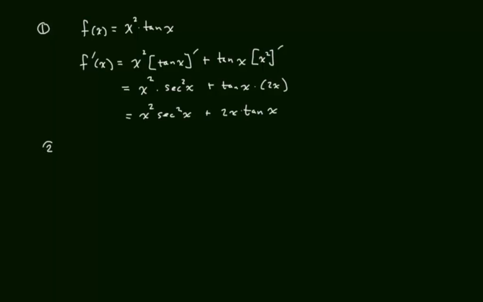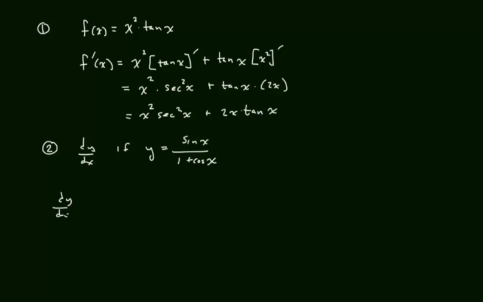Example number 2. We want to find dy/dx if y is equal to sine of x over 1 plus cosine of x. Good old quotient rule.